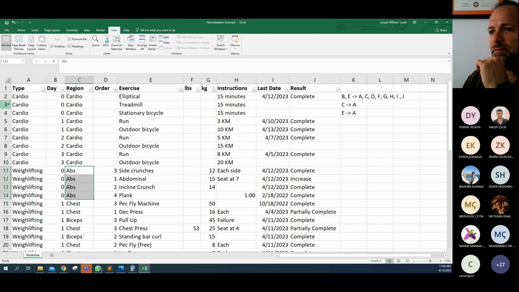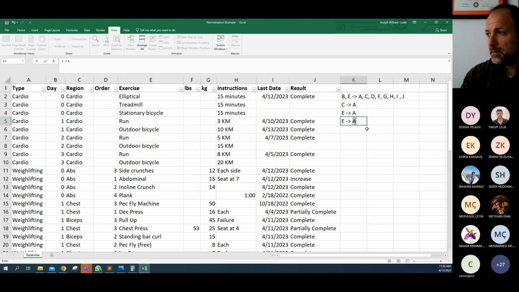C still determines A, yep. E still determines A, yep. E determines C also, right? E determines C, right?